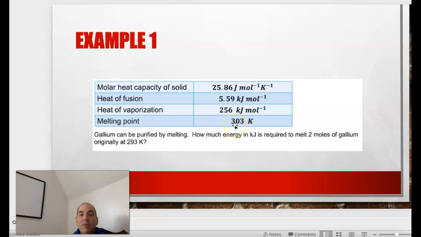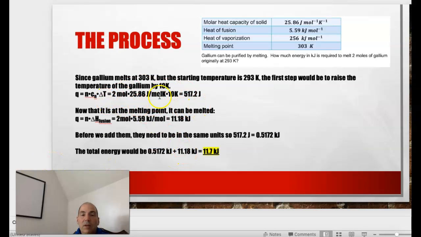Okay, so the first thing we have to do is heat up the solid 10 degrees, and then we can melt it. So really there's 2 steps. One involves heating it up. So we notice the 10 degrees times the specific heat, but the specific heat's in moles, not grams. So I used moles here just to keep the units together.